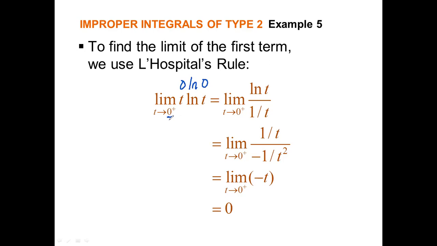I would just simply substitute the 0 here and ln of 0 here. The ln of 0 is equal to negative infinity. So it's like 0 times negative infinity. When you multiply negative infinity to 0, it's indeterminate.